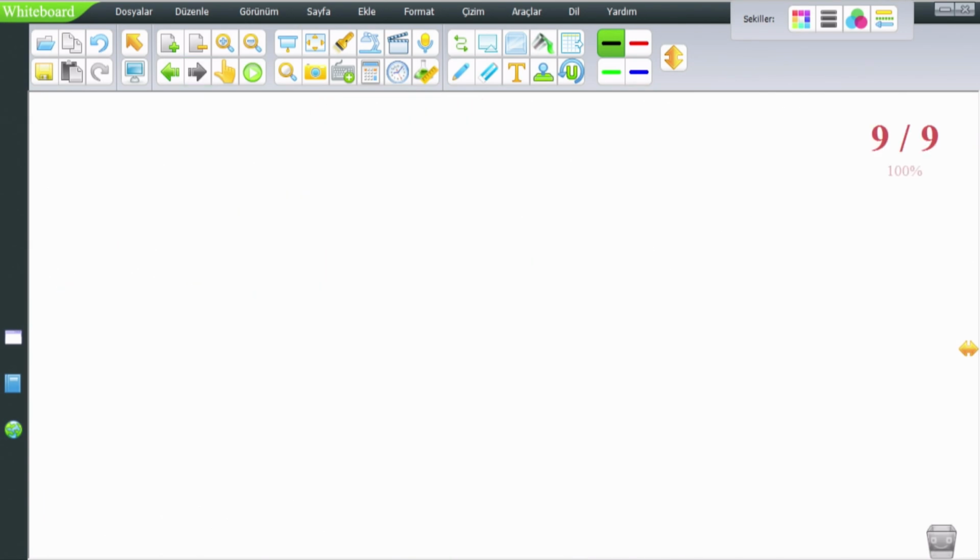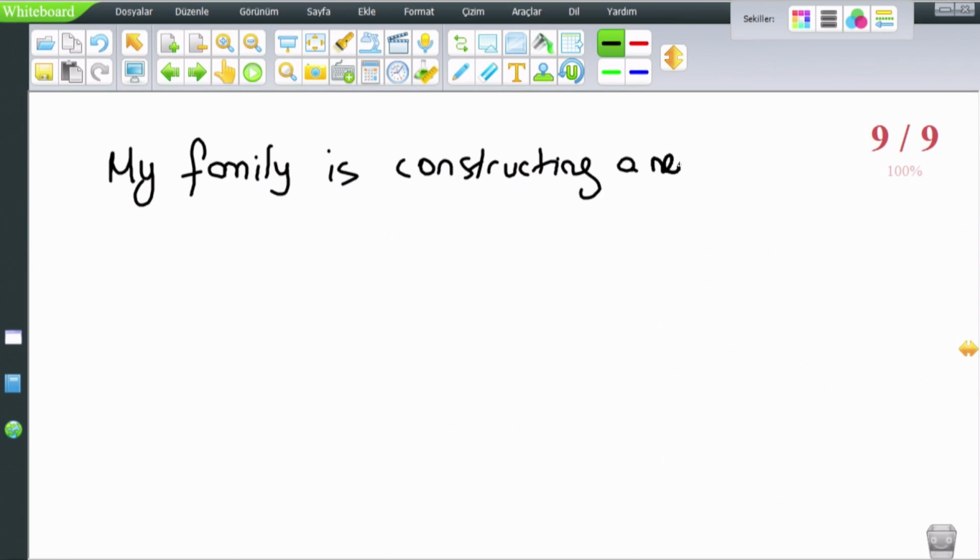For example, my family is constructing a new building. Let's look at this one.